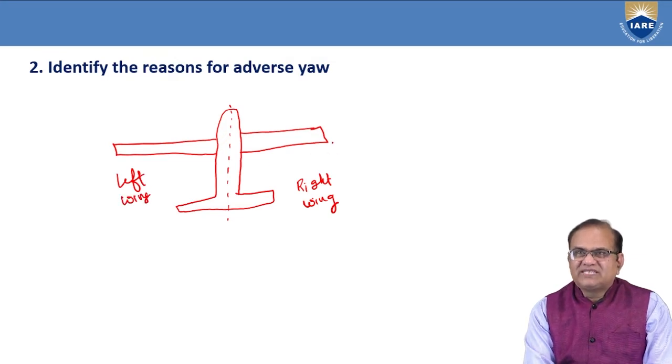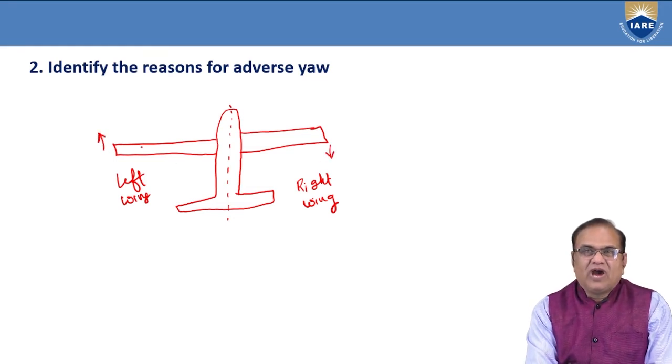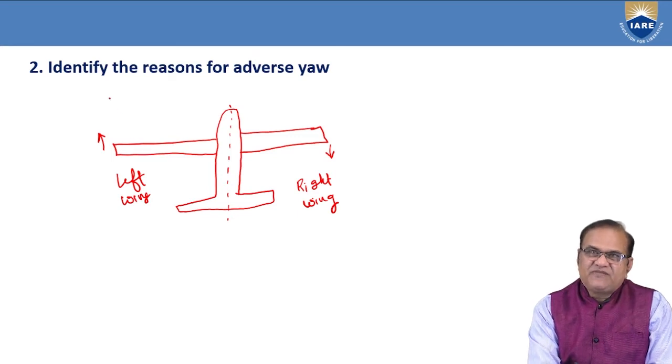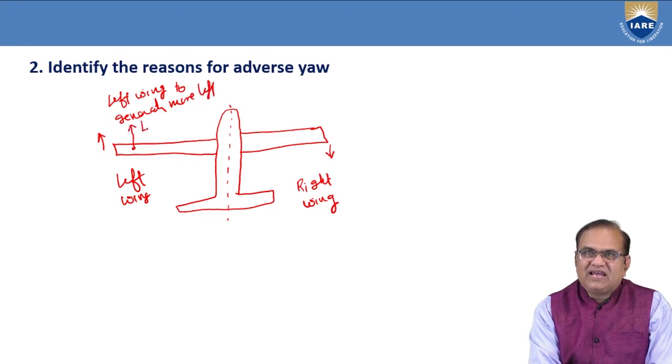I want to make this rolling, the right wing should go down, so this has to go up. To have this up, the left wing has to generate more lift. Okay, so I am writing here, this is L1. And here, the aileron will be put down like this.